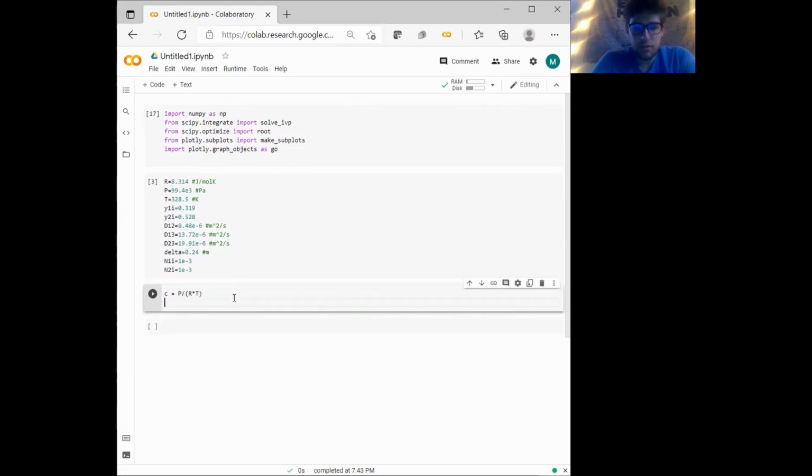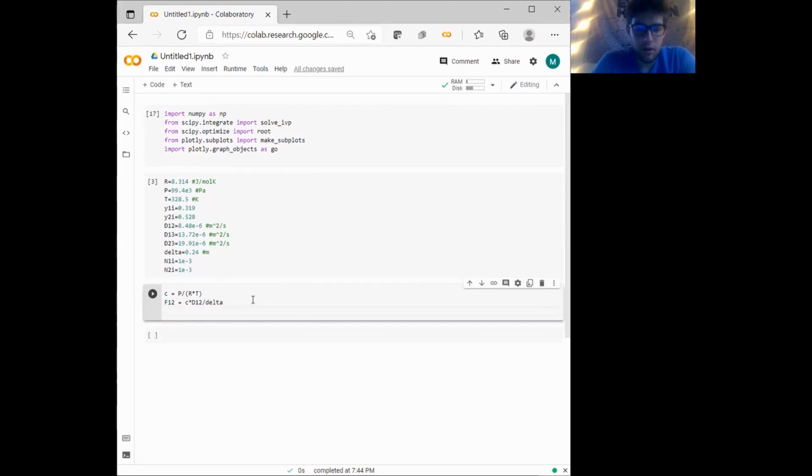The reason concentration is relevant here is that when we're doing a boundary layer value problem, we have F12, and what F12 equals is concentration multiplied by your Stefan-Maxwell diffusivity coefficient divided by delta. So we needed to define our concentration up here so that we can have it in all three of these, F12, F13, F23, because that's what it's defined as in the book.